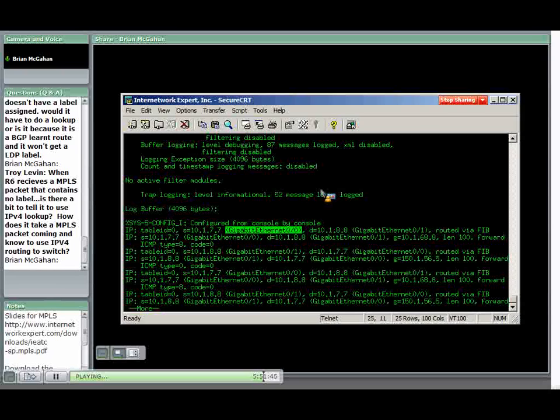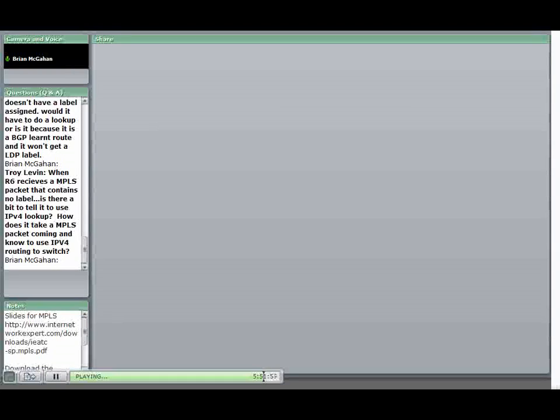Okay, so technically when router 6 receives this packet, if we go to router 6 and we'll do the same thing. We'll say access list 100 permit ICMP any. Then debug IP packet detail 100.